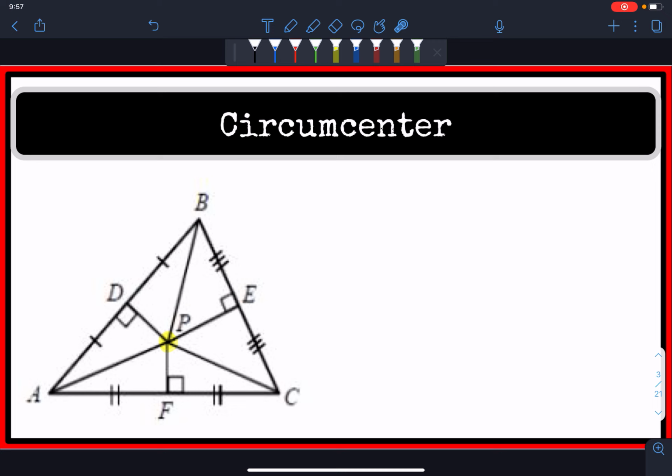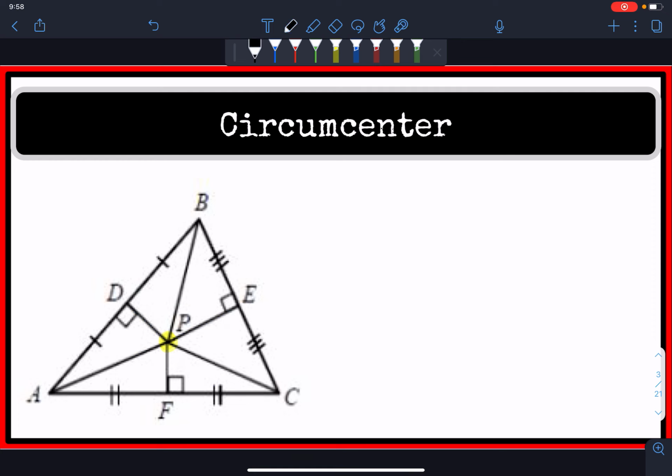So we look for where the middle point would be and make a line at a 90-degree angle to this side, as indicated here, and do the same thing with all the other bases. The point that they intersect at is called the circumcenter.